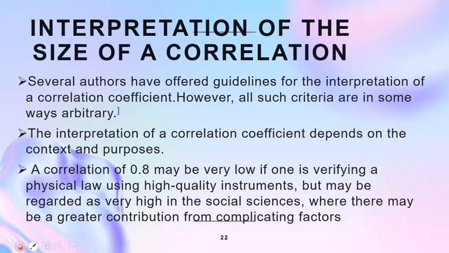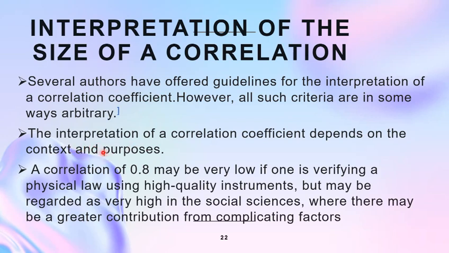So how are we going to interpret this result to determine the size of the correlation? Several authors have offered guidelines for the interpretation of a correlation coefficient. However, all such criteria are in some ways arbitrary. The interpretation of a correlation coefficient basically depends on the context and purposes. A correlation of 0.8, for example: we are going to have two variables and check their relationship.